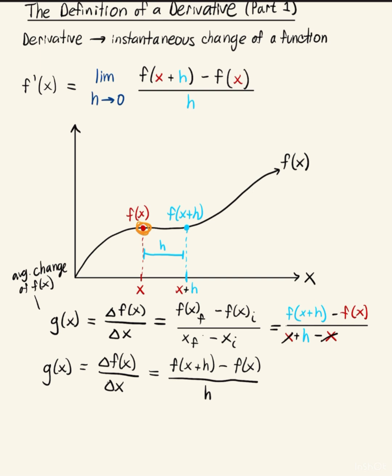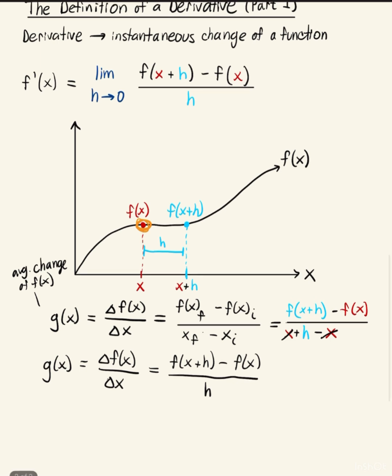Well, we could say that if we move our h value to here, and we make this our new f of x plus h, then we moved a little bit closer to that point. And we could keep moving this value closer and closer until it's pretty much right on top of f of x. And the only way we do that is by decreasing h. If we decrease h, every time we decrease it, we get closer and closer to f of x.